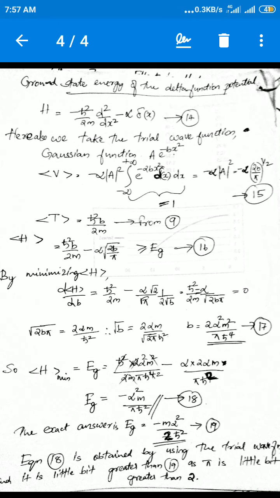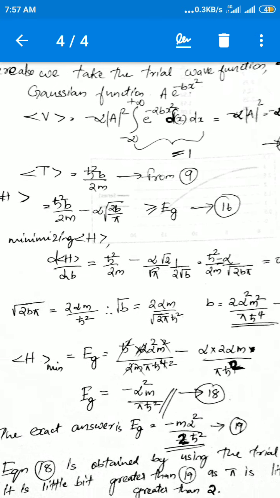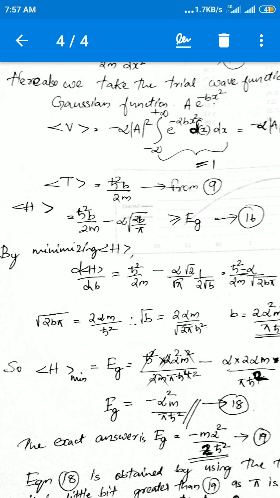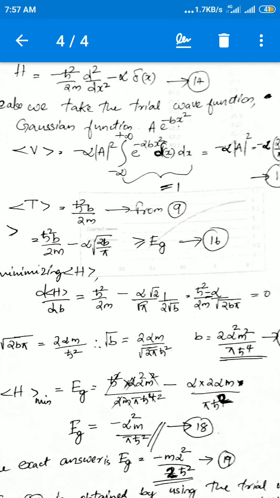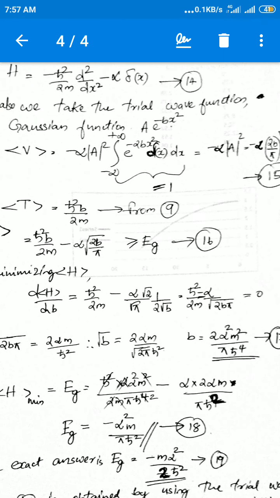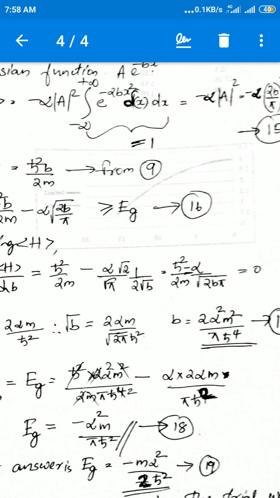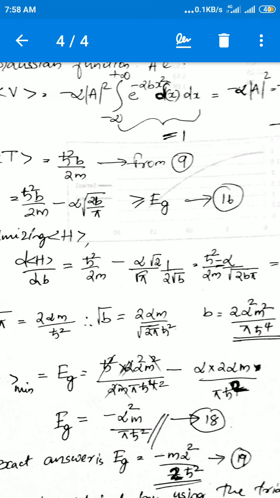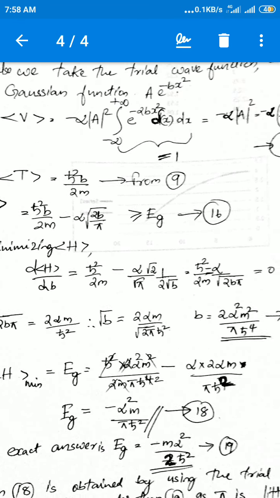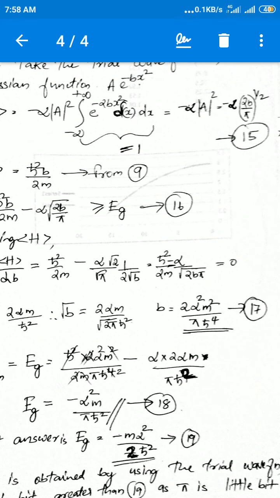So minimizing H expectation, you take the derivative dH expectation by db, which is h cut square by 2m minus alpha by root pi into root 2 times the derivative of root b. Its derivative is 1 by 2 root b. So if you do that, it will be h cut square by 2m minus alpha divided by root of 2b pi. And you equate it to 0 because at the minimum the derivative will be 0.